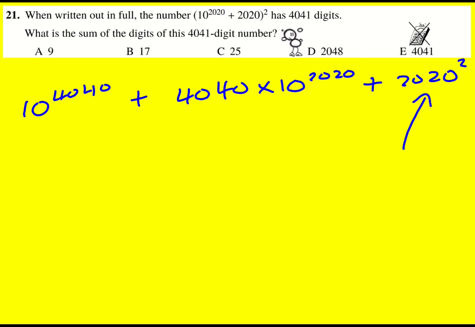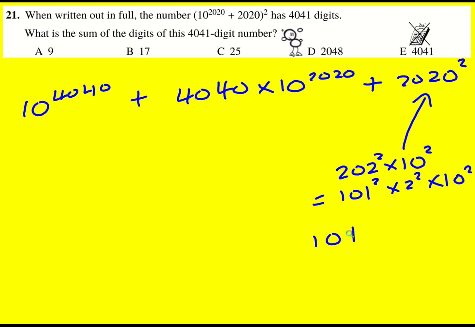That one actually needs calculating in full, I think. So when I did it, I wrote it as 202 times 10 squared and just squared this and squared this. Then I wrote it as 101 times 2 squared times 10 squared. I just thought this might make it a bit quicker.